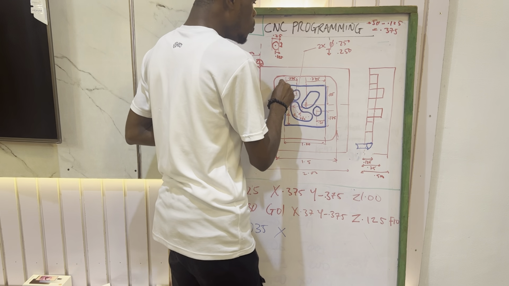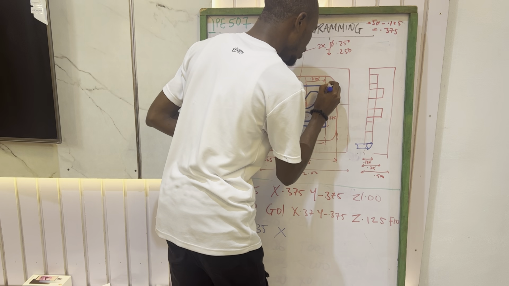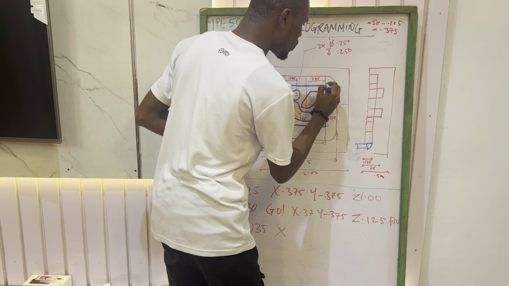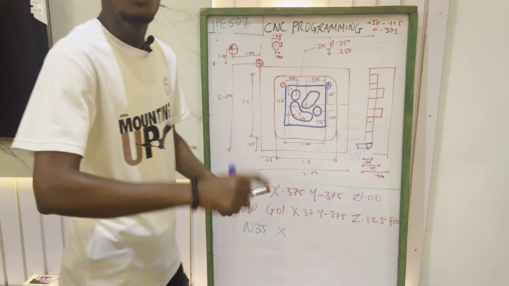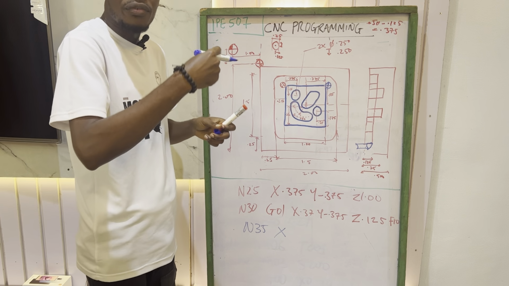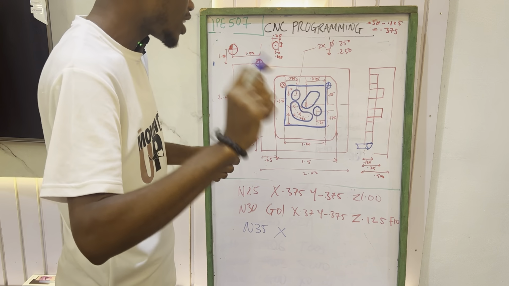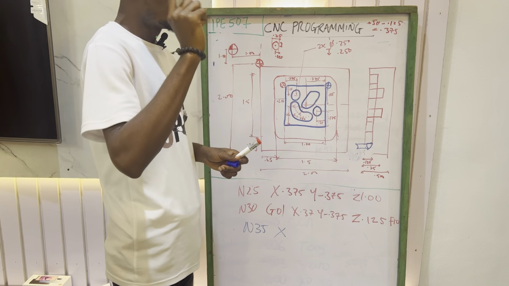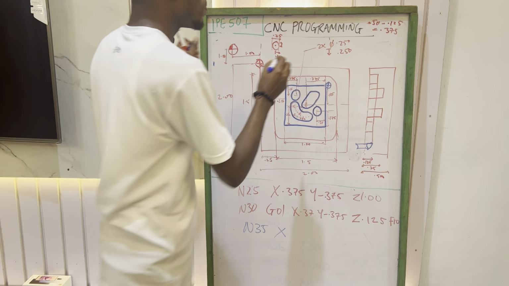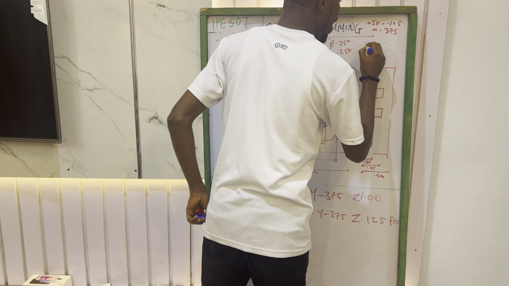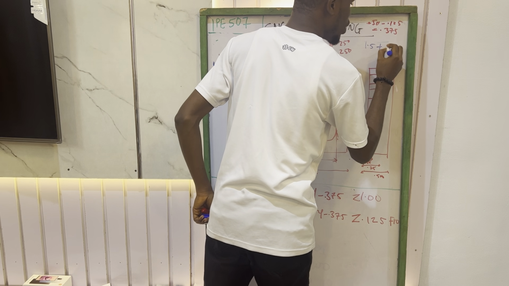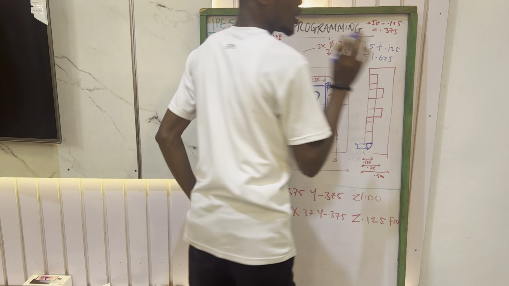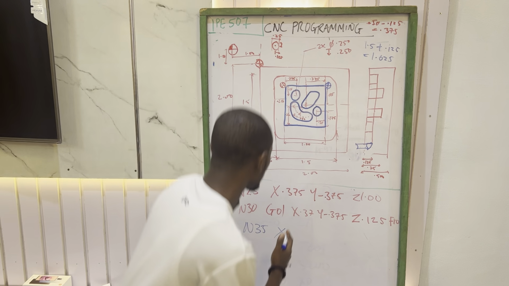So when you move it down to this place, the center of it will be on 0.125, plus that 1.5 will give you 1.625. So 1.5 plus 0.125 gives you 1.625. Do you get?